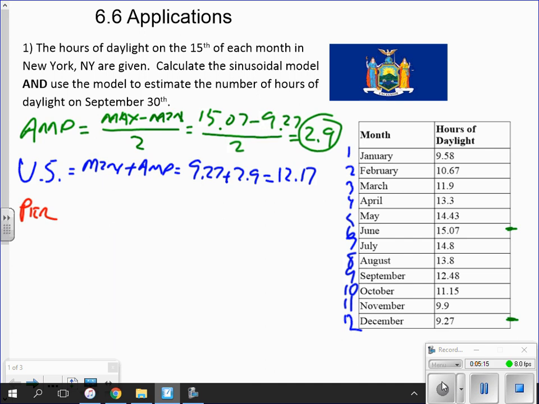Every 12 months, this cycle repeats itself. So our period is 12. Well, that's 2 pi divided by W. Remember, when we're trying to write the equation, we don't put 12 in. We put in whatever W is that adjusts 2 pi to 12. Swap it, cross multiply, whatever you need to do. This means we have pi over 6 as our period adjustment.